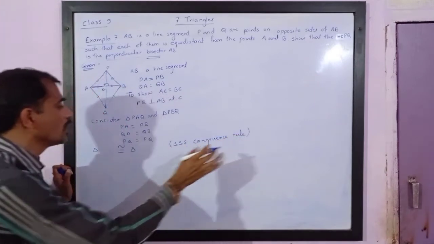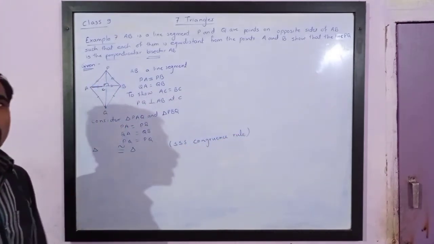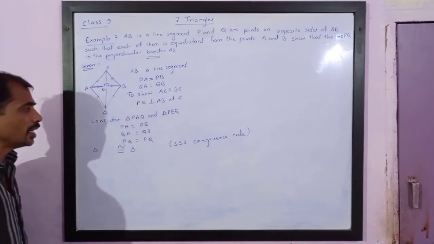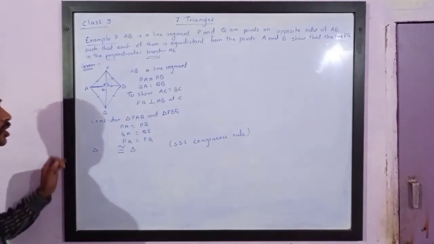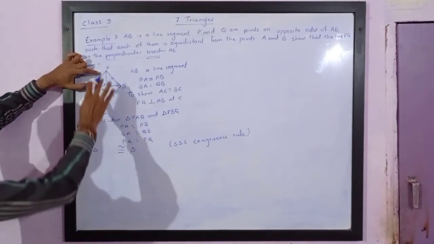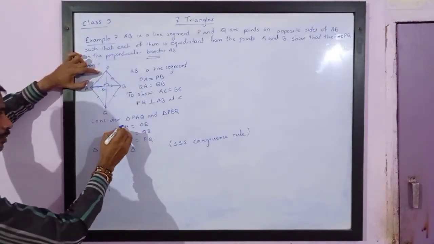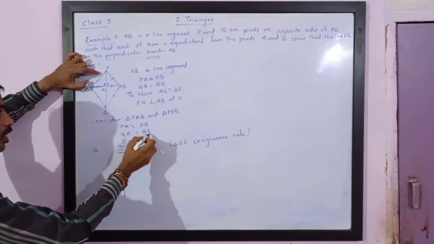But before writing the congruency, we need one-to-one correspondence. We need to understand which vertex corresponds to which vertex. So please note PA and PB, QA and QB.